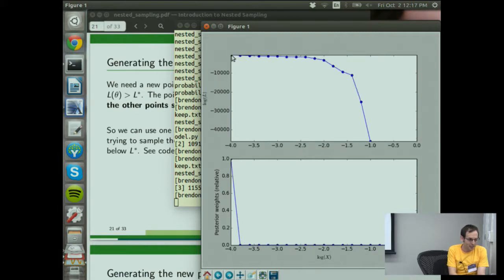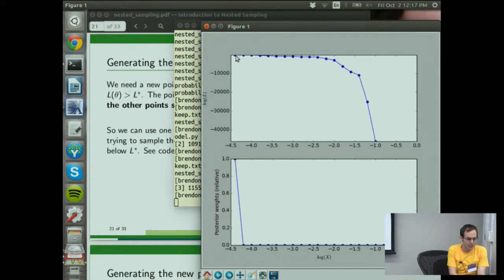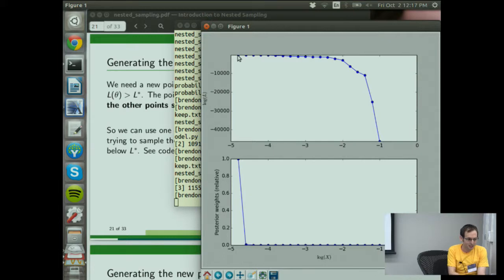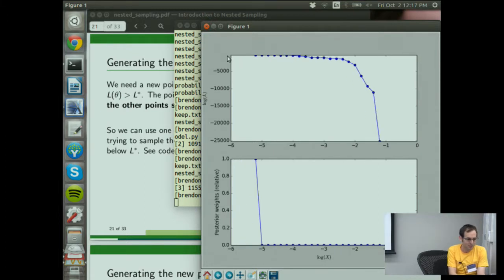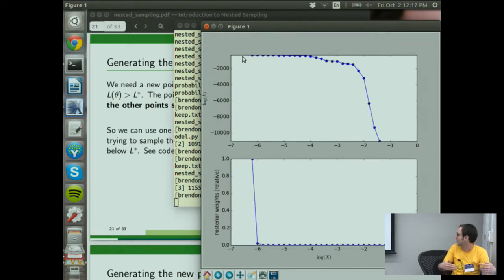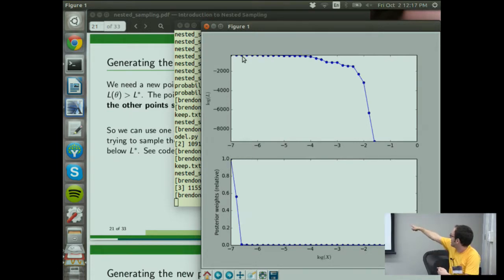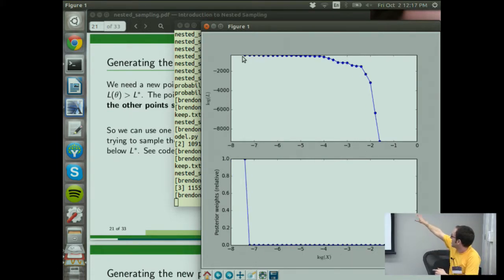So the leftmost point, as the algorithm goes on, is the most recent discarded point and its log likelihood. And I made some attempt to scale the y-axis so that it isn't dominated by this big transient thing at the beginning.